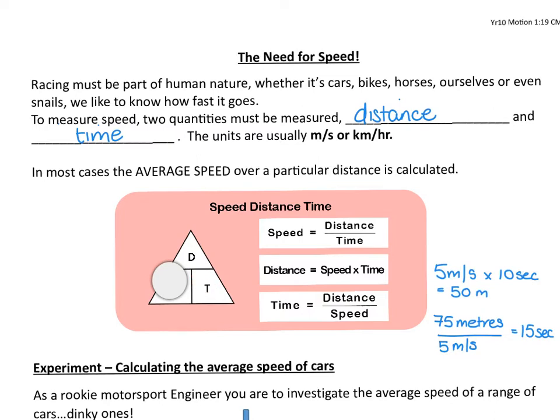If we move our dot to d, we then see that the distance, which is covered, would be the speed multiplied by the time taken. And finally, if we move our dot to t, we can see that our time, which is the covered one, would be the distance divided by the speed that it was travelling at.